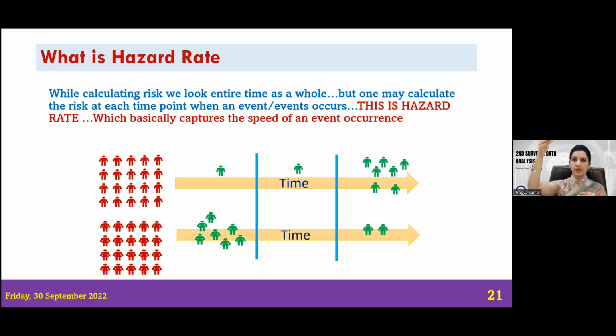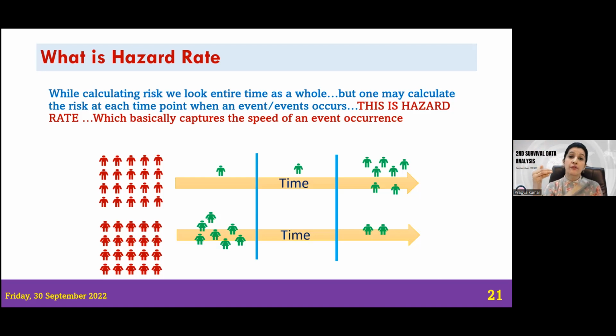Whatever was the upper came to lower, and whatever was the lower has gone up. If it is something like that, then you cannot apply this Cox regression, because in the log minus log curve, the distance between the two curves should be nearly the same. It should be parallel rather. It should never cross each other. If that is there in the log minus log curve, that means this assumption is somewhat met.